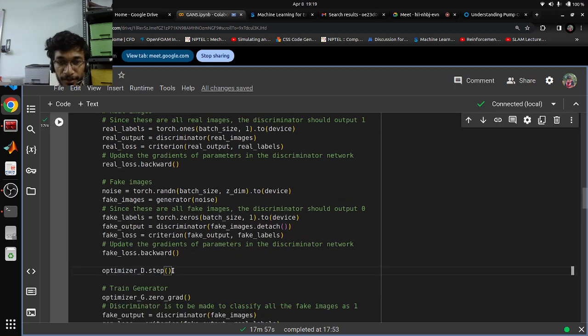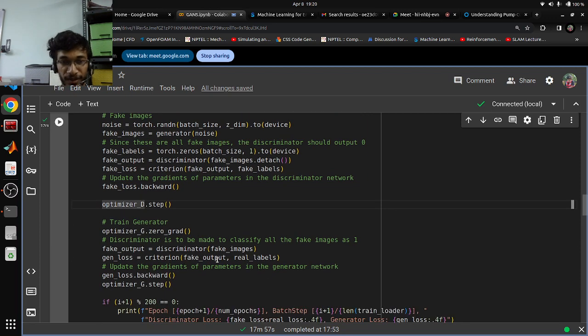Okay, but we are moving in the direction of reducing the loss for this discriminator by stepping in the direction of steepest descent for the gradients.